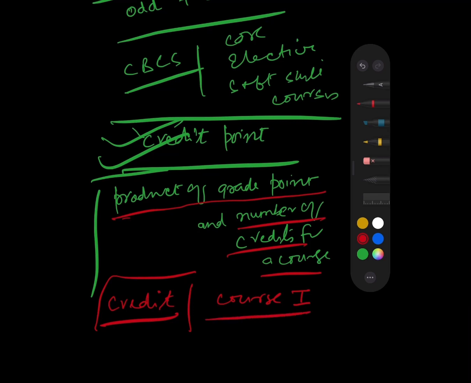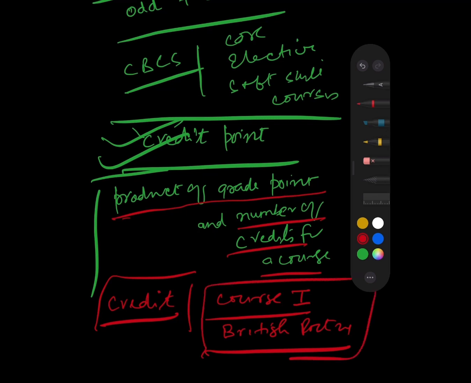Let us say course 1 is British poetry. This is course 1, which you used to call paper 1. So what is credit? Basically a unit by which the coursework is measured. So this British poetry course 1 contains, say, 5 credits.